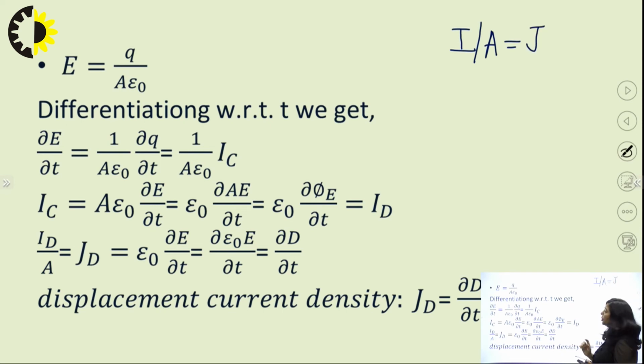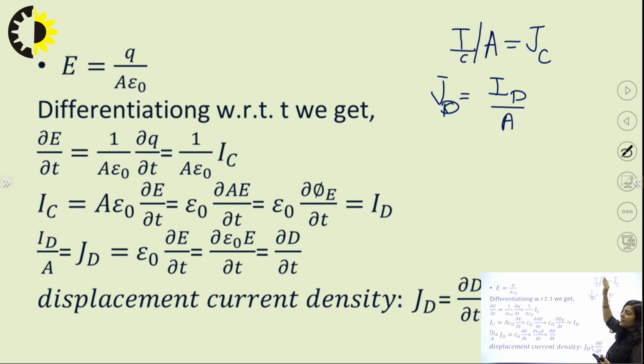So for conduction current, we have conduction current density, which is mentioned as JC. Similarly, displacement current density will be displacement current upon area. For conduction current density it is conduction current upon area. For displacement current, it will be ID upon A.